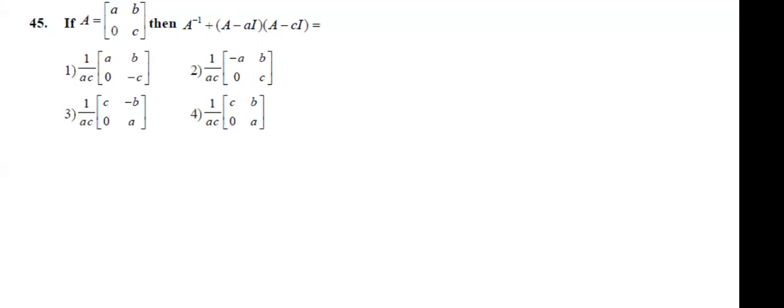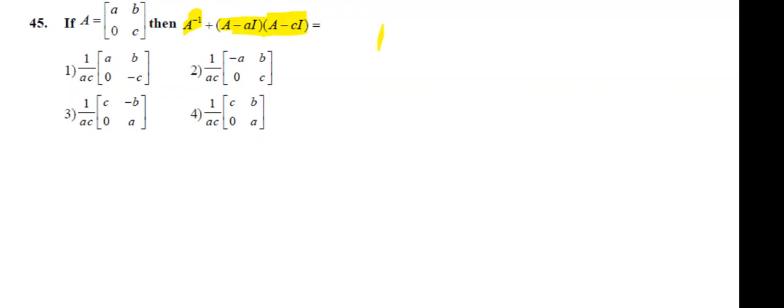A matrix is given. Now here we need to find first A inverse, then A minus aI into A minus cI. Then how to do this? So here, first we need to find A inverse.